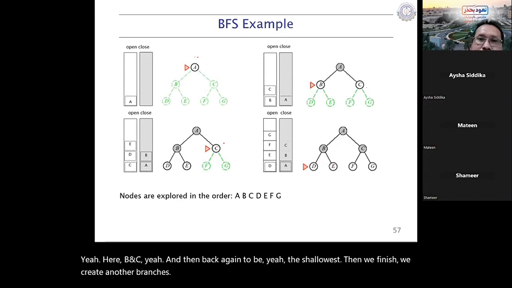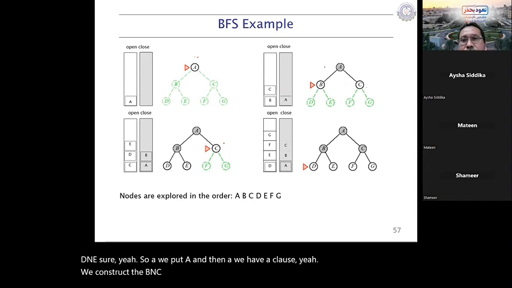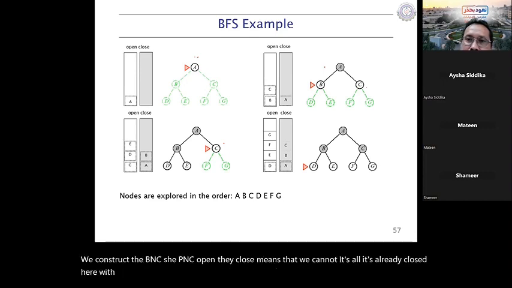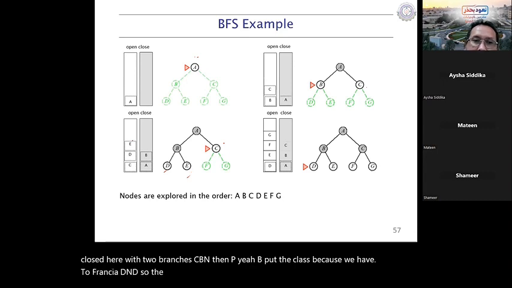So we put A, and A is closed after we construct B and C. B and C are open. A closed means it is already finished. Then B is closed because we created two branches, D and E. The remaining are D, E, and C. C is still open because we have not created its branches.